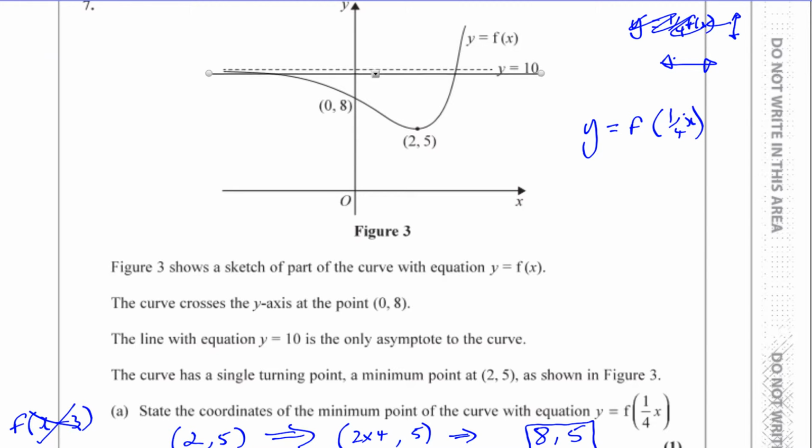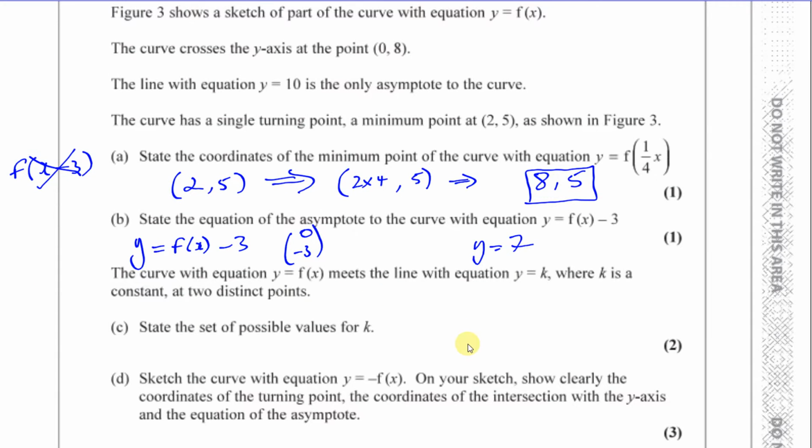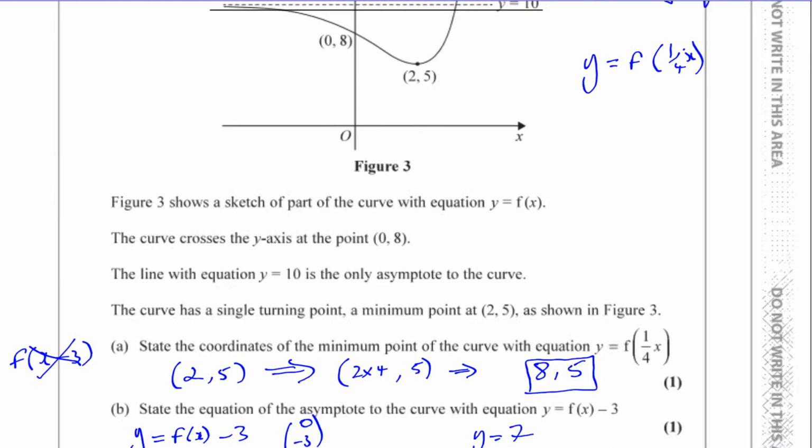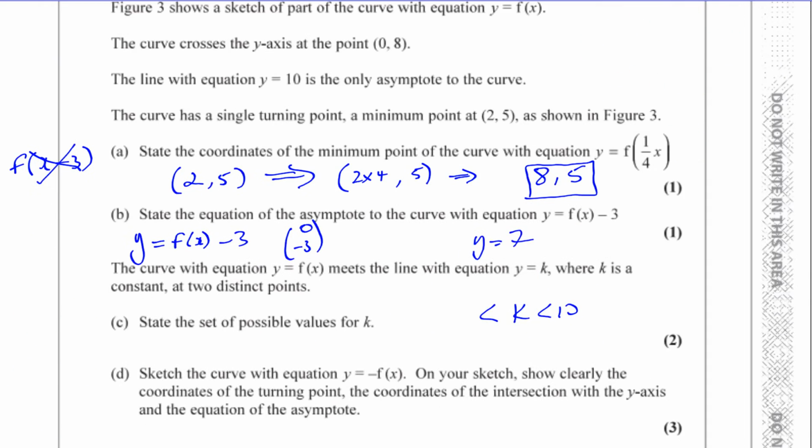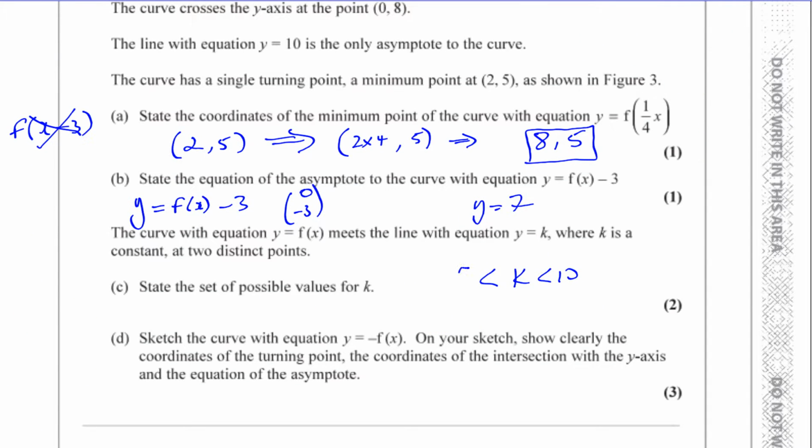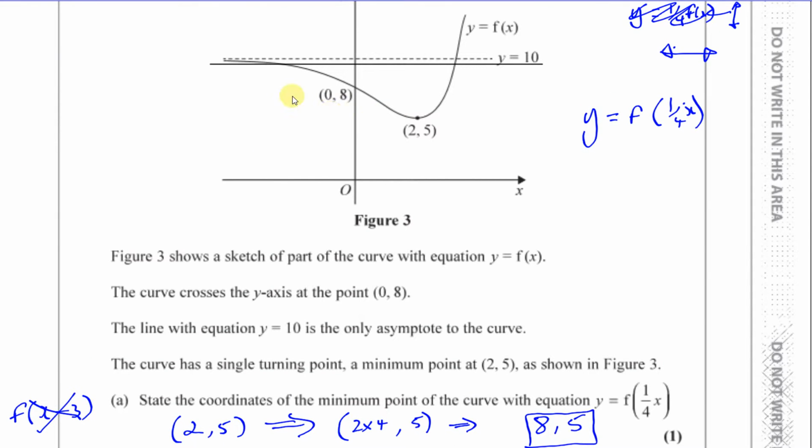So the range of values for k is less than 10 but more than 5. k has to be between 5 and 10 for there to be two distinct solutions.